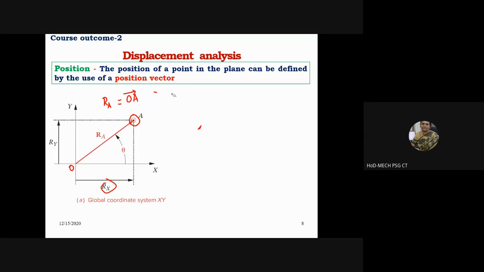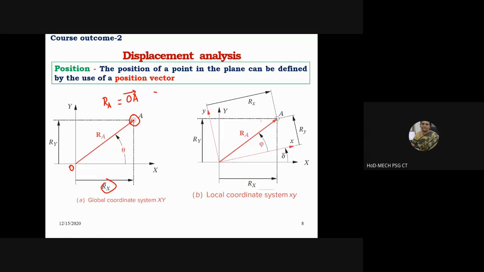Okay. So the same point A, initially we represented as Rx and Ry in terms of the global coordinate system XY. Then by adopting a new coordinate system, by rotating the original coordinate system through an angle of delta, you get a new coordinate system x, y.